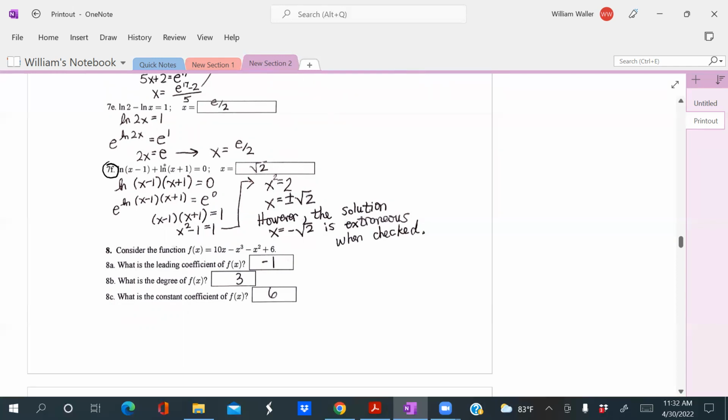Remember, when you have the sum of two natural logs, that's the same as the natural log of the product. So natural log of x minus 1 plus natural log of x plus 1, that's the same as natural log of x minus 1 times x plus 1. Still have 0 on the right-hand side. Now we want to eliminate this natural log, right? So we apply its inverse.